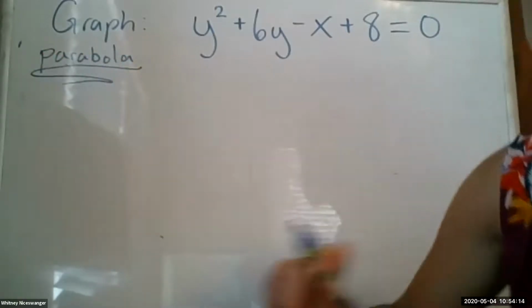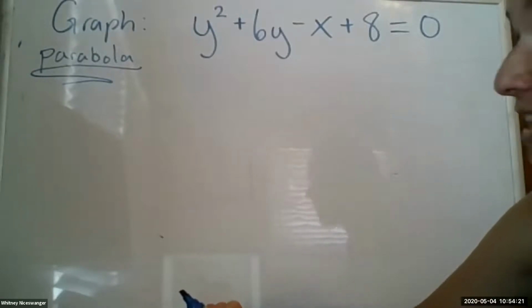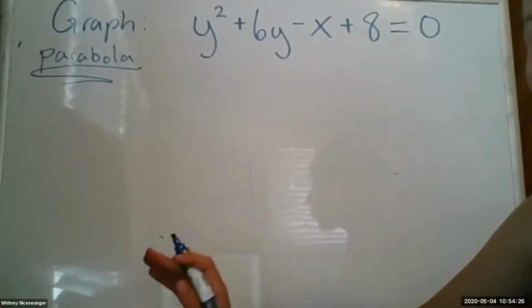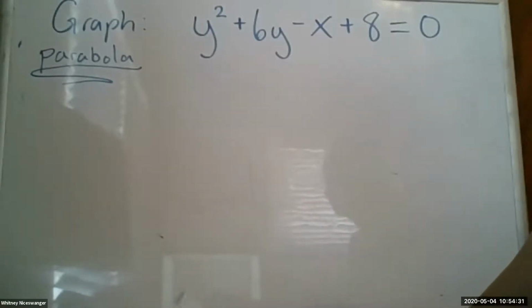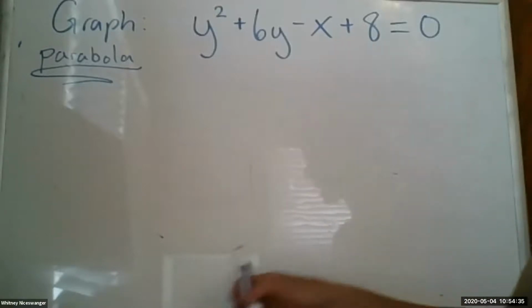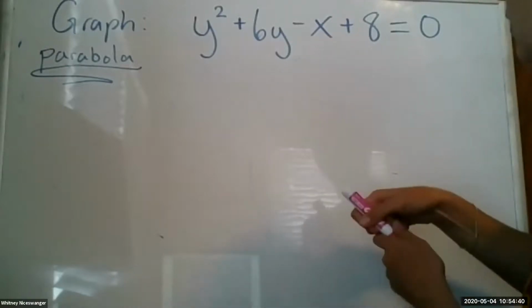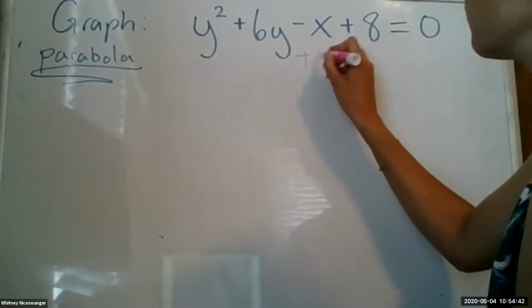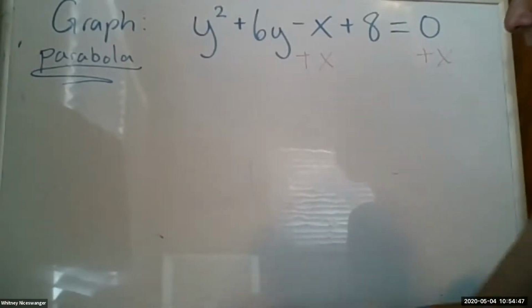All right, we've got a parabola, so we know we need to complete the square on the y, okay? And we know that in vertex form, the piece that isn't squared, we want actually on the other side of the equal sign, okay? So I'm going to add x to both sides just to kind of get that x out of the way and closer to vertex form. So I'm adding x to both sides of the equal sign.